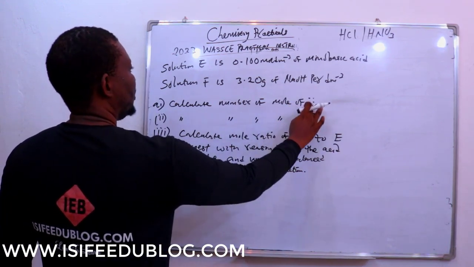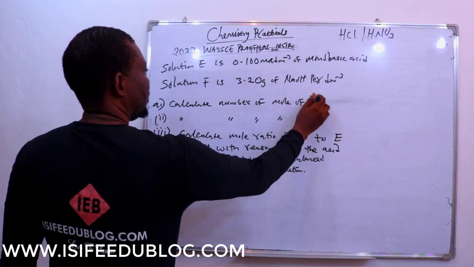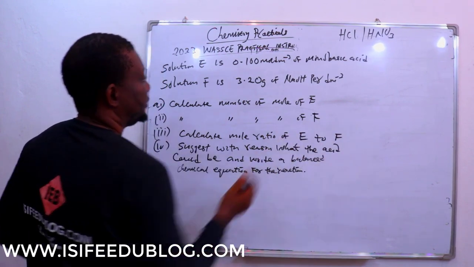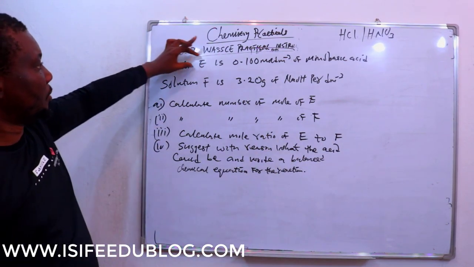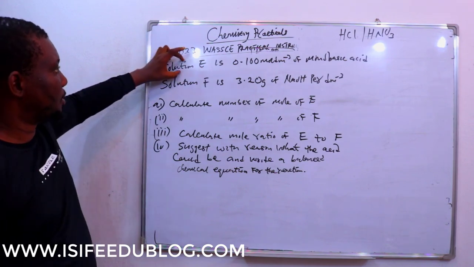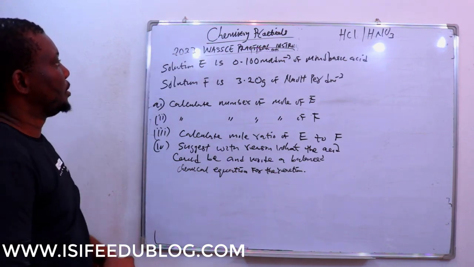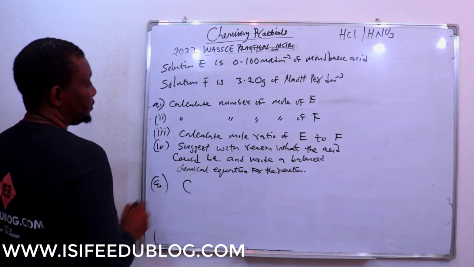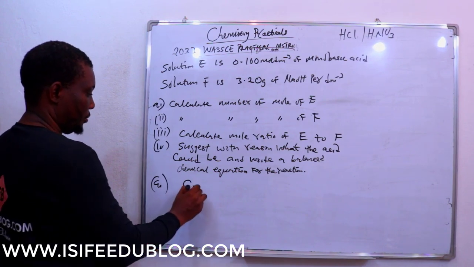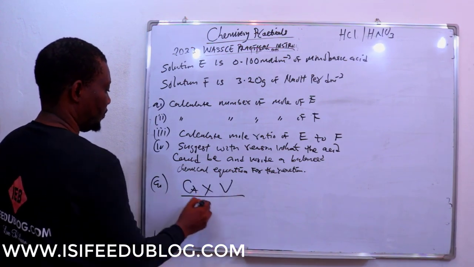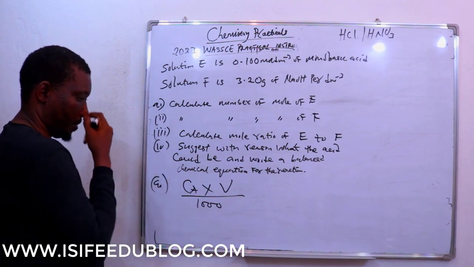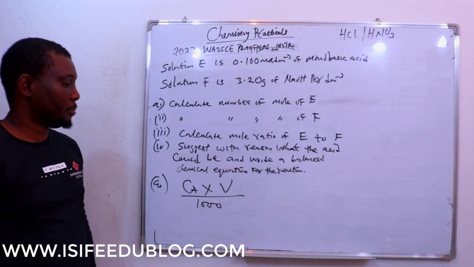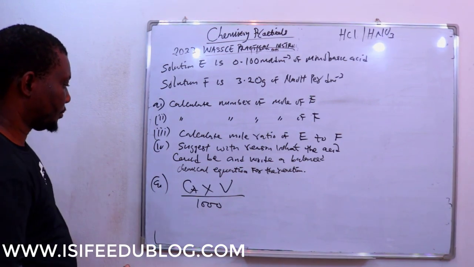It's not F, but E and then F. So now that we already know the molarity of this E, for question number AI, just say C A times V over 1000. That is number of moles.